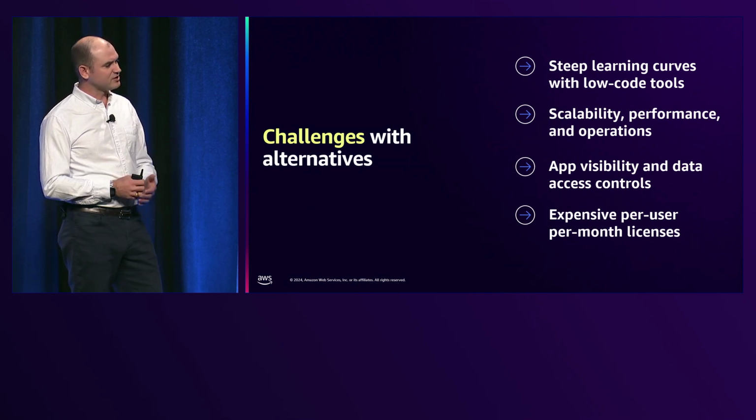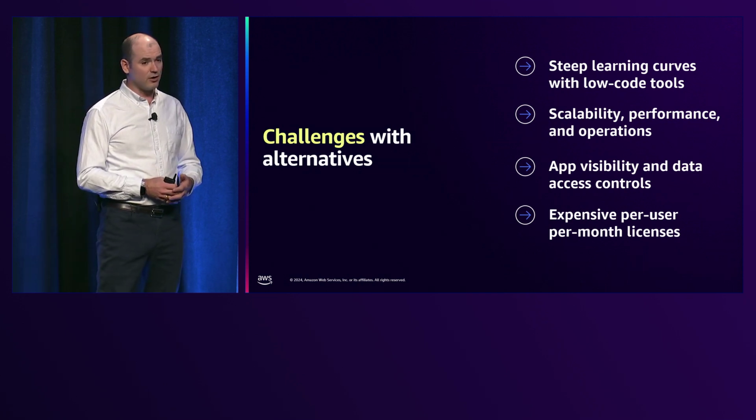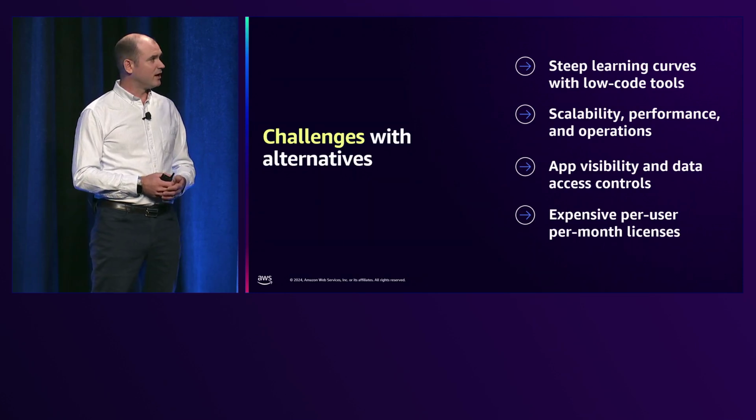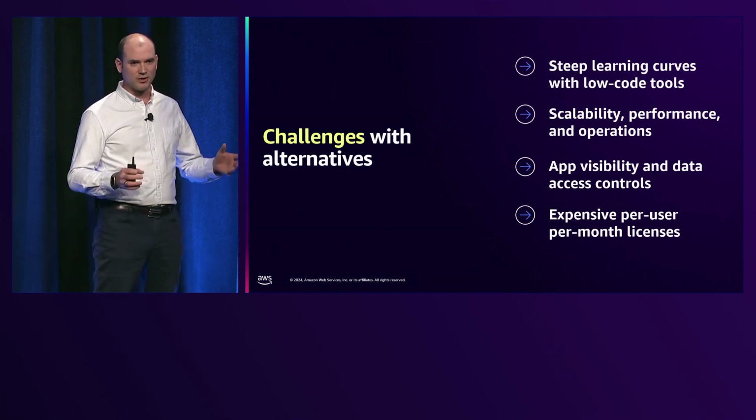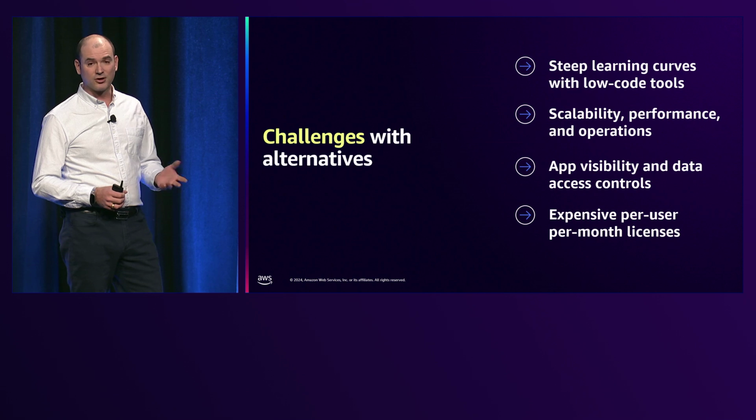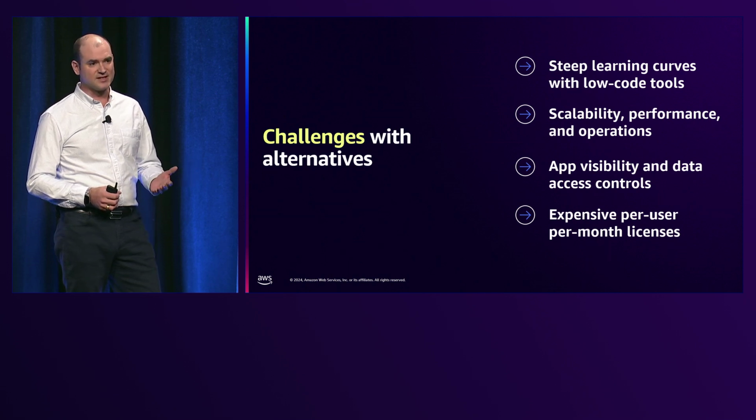For larger organizations, we've also heard a lot about governance. So enabling your organization with low-code tools happens sometimes as a response to what we call shadow IT. Those low-code tools can literally become shadow IT themselves.